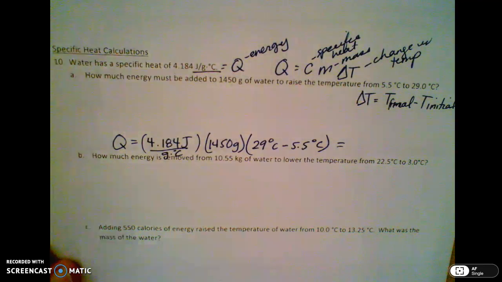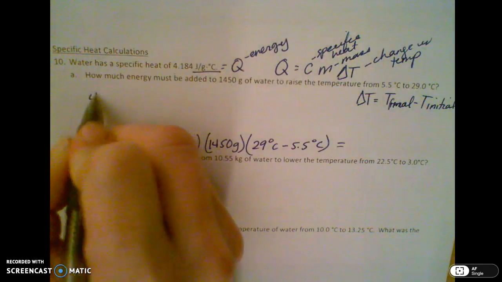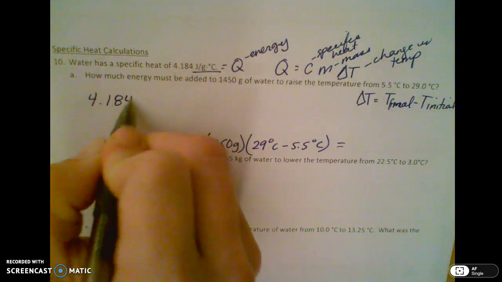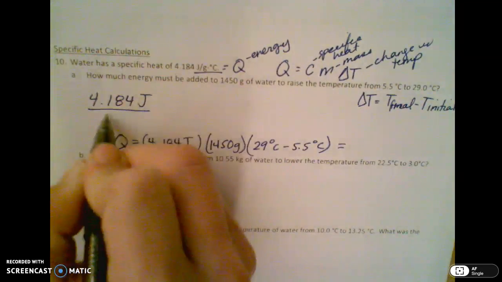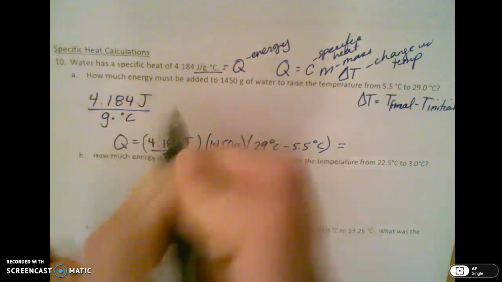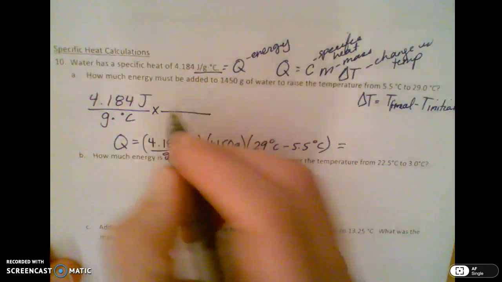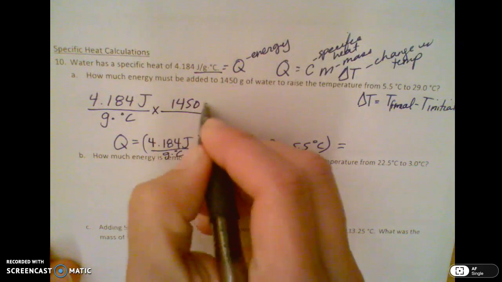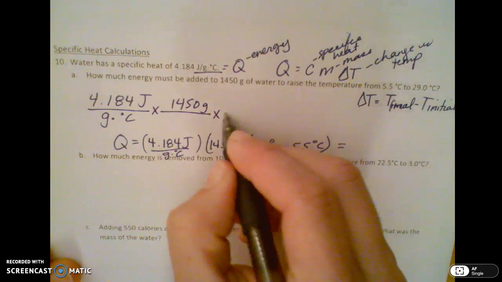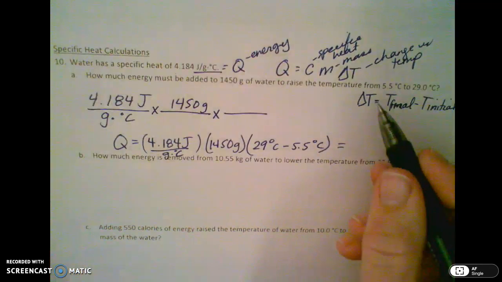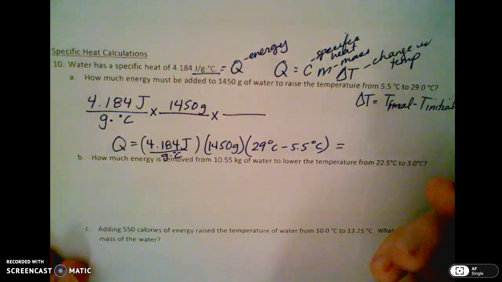You could also go ahead and do it in dimensional analysis. You could say that 4.184 joules per gram times Celsius. And our next one would be our grams. So we have 1450 grams. And then our next one would be our change in temperature, which would give us Celsius.